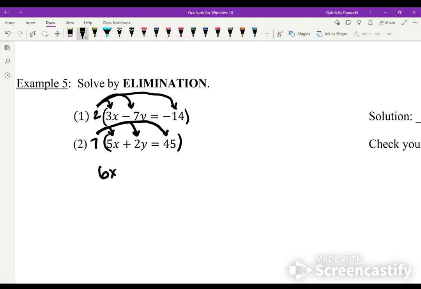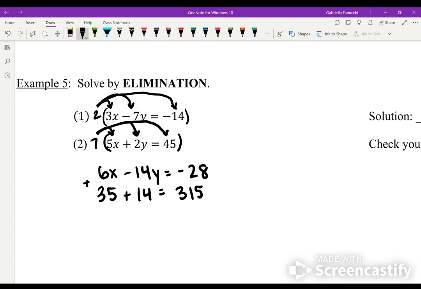So I'll set it up. We'll have 6x. This is the first equation over again. 6x minus 14y is equal to negative 28. 35x plus 14y is equal to 45 times 7. Let me get a calculator real quick. 45 times 7, 315.